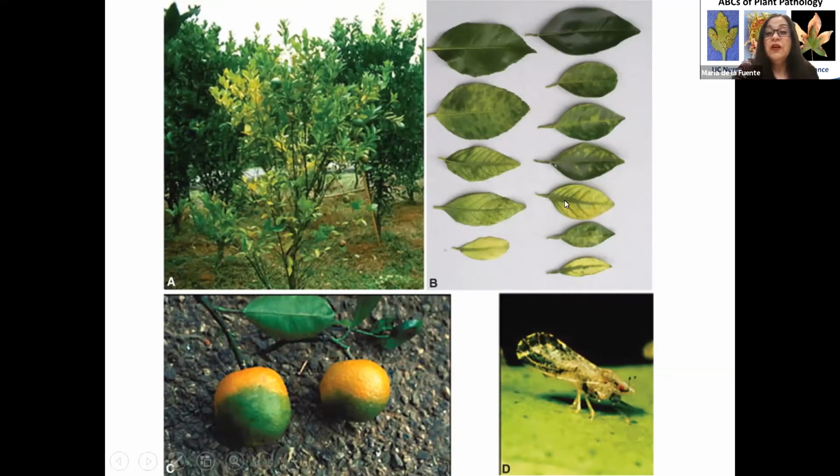So there are lots of things that are confusing, but the main thing is that if you see the presence of the psyllid, then for sure you are having the greening of the citrus. This is commonly happening in the fruits, and there is no confusion with any other deficiency.